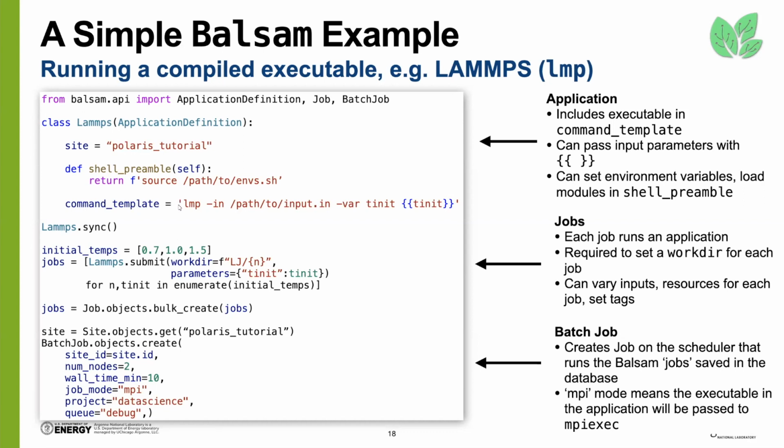So this is basically the string that will execute your application. In this case, it's the executable, and then an input file. And then here we're passing it a variable, a parameter, and you can denote that by wrapping it in these double curly brace brackets.